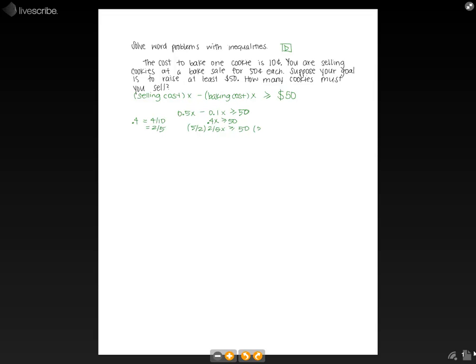If you multiply 50 by 5/2, the 2 can cancel with the 50 and give us 25. So then we have X is greater than or equal to 25 times 5, or X is greater than or equal to 125. So 125 cookies need to be sold so that we can raise at least $50.